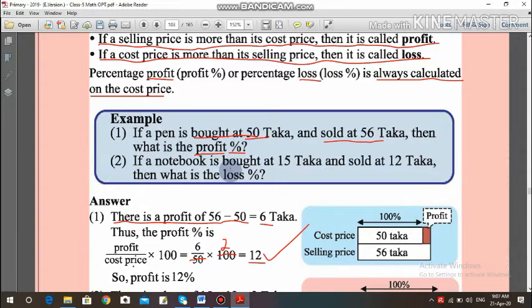Then our next example: if a notebook is bought at 50 taka and sold at 12 taka, then what is the loss percentage? See that bought or cost price is 50 taka and selling price is 12 taka. That means cost price is more than selling price, so it occurs loss.